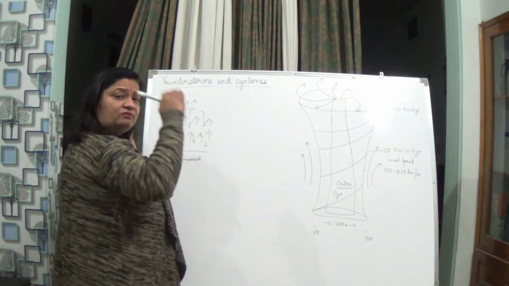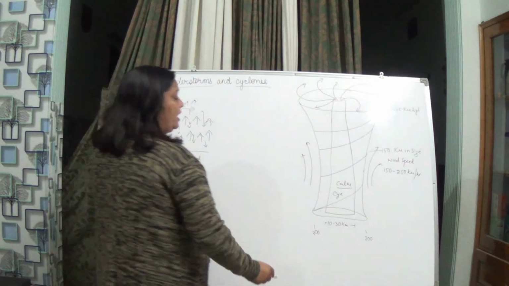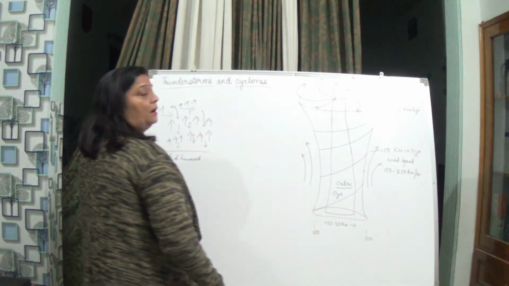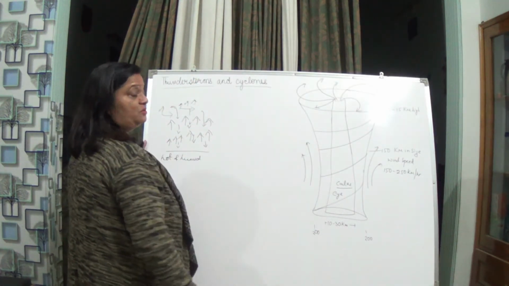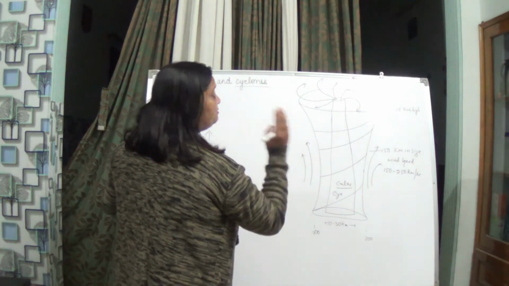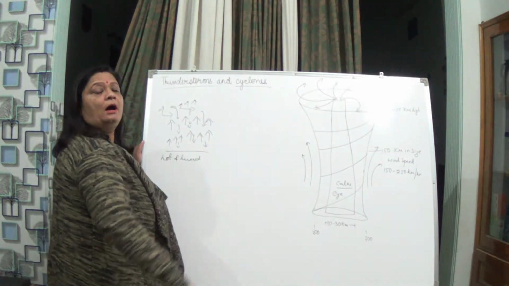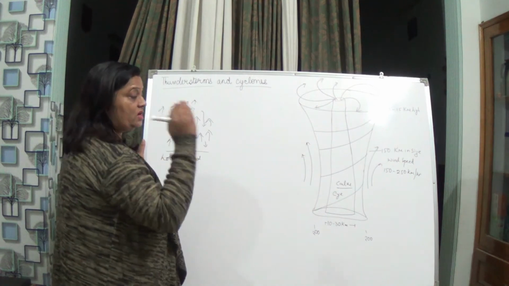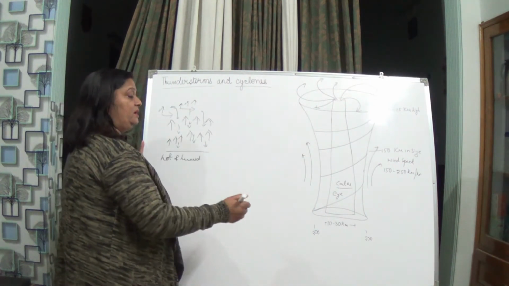As the winds are too strong in nature, it moves to a height of 10 to 15 kilometers in a cyclone. So you can just imagine the speed, the strength of the wind, and the destruction it will cause in the area where it is formed.